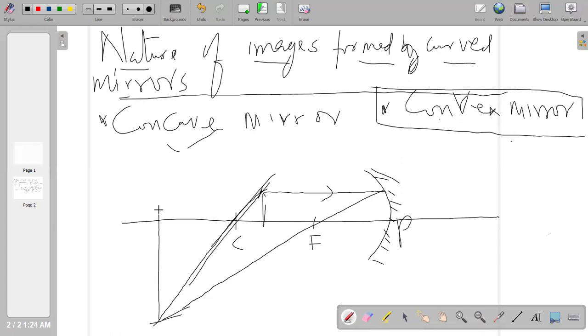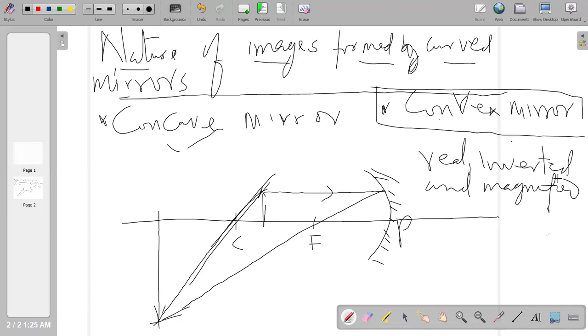This is where the image is formed: behind the center of curvature. The image is real, inverted, and magnified or enlarged. So this is the nature of the image formed when the object is between C and F.